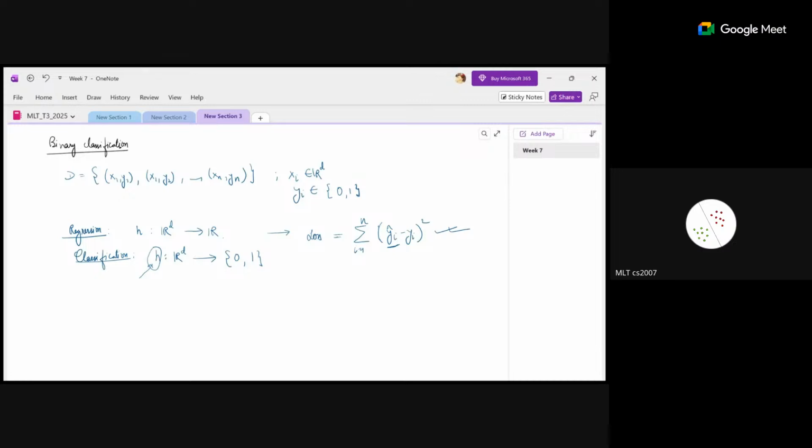To minimize this loss, what do we know? Whatever the model is, in case of linear regression, the model that we had defined was W transpose X, a linear model. Based on the loss we get, we were interested in finding that W which gives us the least loss, because that is what we would want.